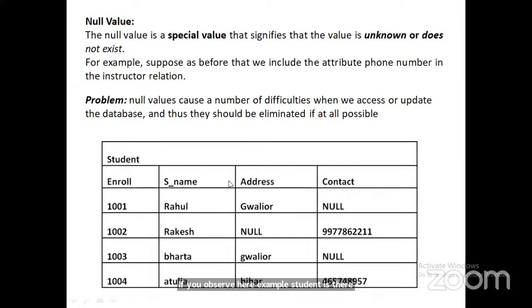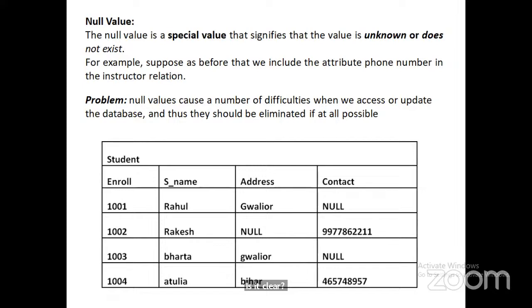So how are we going to contact this person without this number? So null values should not exist in a table. Null values are also called unknown values. They cause a number of problems and issues, so that we cannot update the table. So we need to eliminate null values if possible. Is it clear?